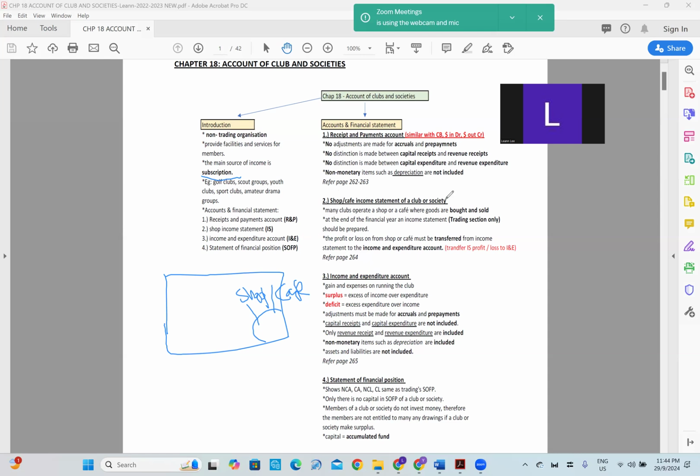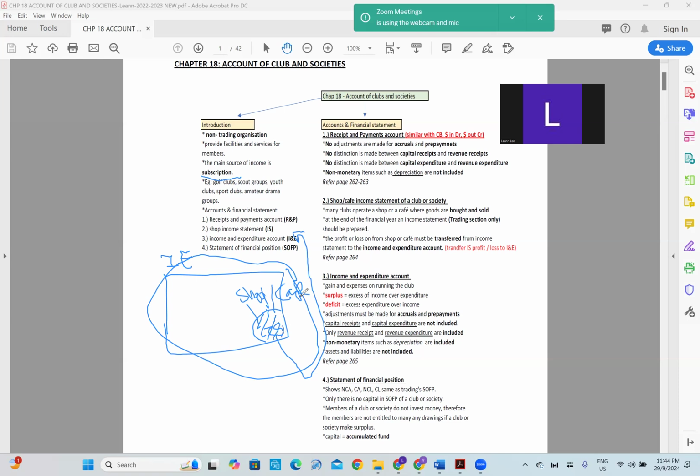For the shop income statement, this is why I prepare an IS. As a whole club, later my IS profit will be recorded into my I&E, included as part of my income. So as a whole club, we prepare the I&E. But you need to find out the profit made in the shop.